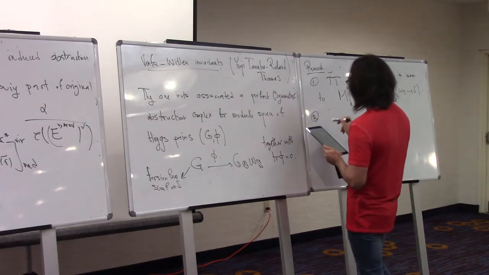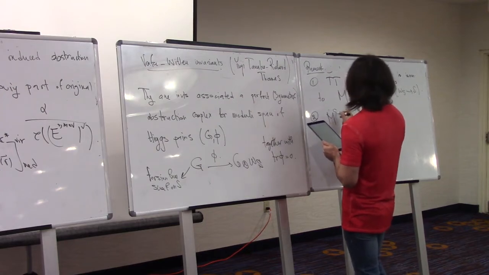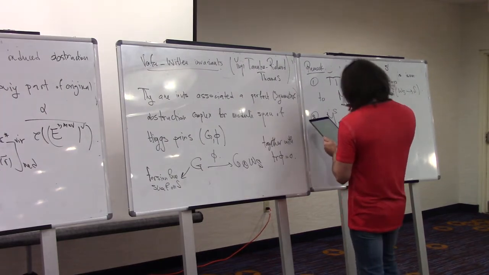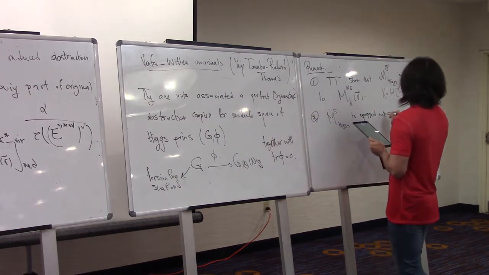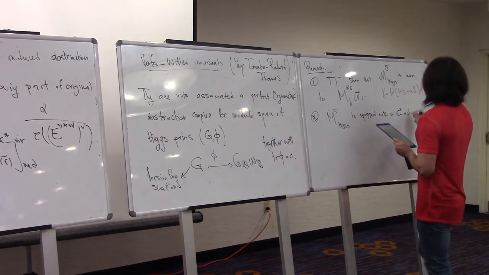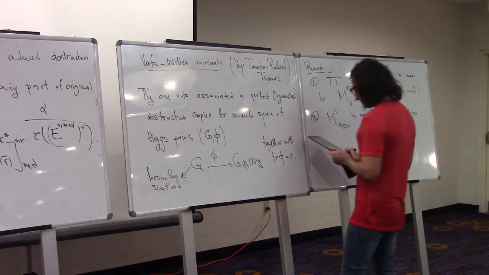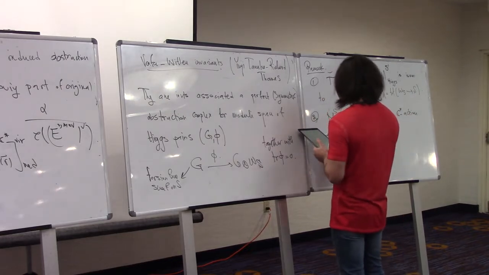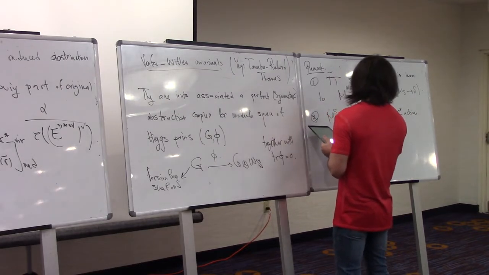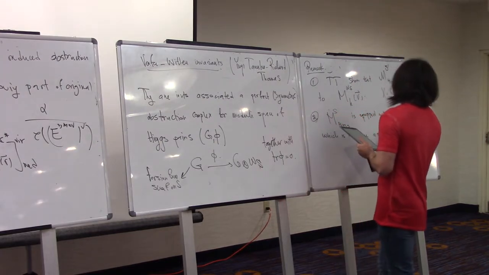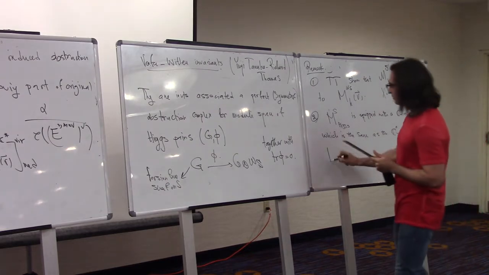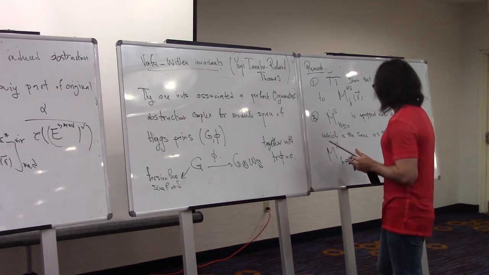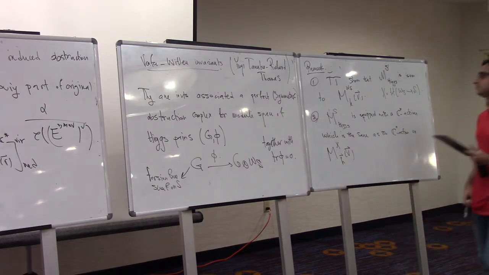The second fact is that M Higgs is equipped with a C star action, which is the same as the C star action on M_X^HV.